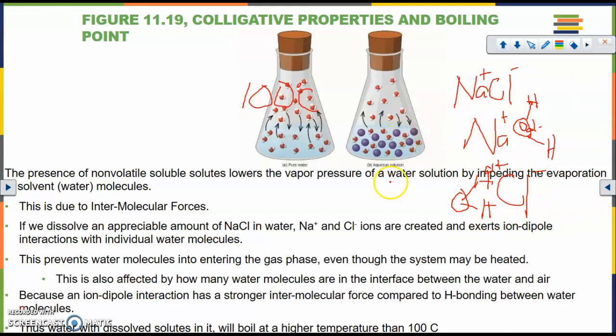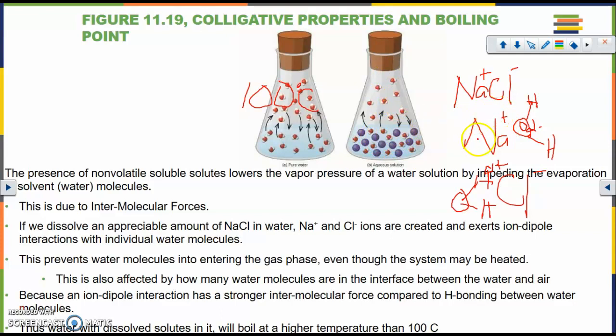So as you increase the temperature, as we talked about in the previous slides, these liquid water molecules are going to transition into the gas phase. A pure solvent, pure water, boils at 100 degrees Celsius. However, when you have ionic solids like sodium chloride dissolved in water, there are two things that prevent the water molecule from escaping to the gas phase.